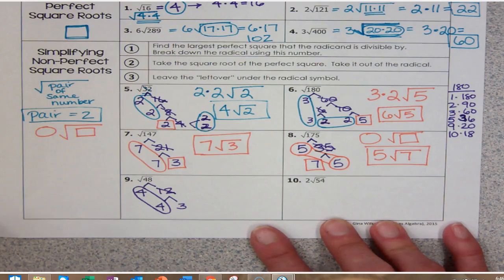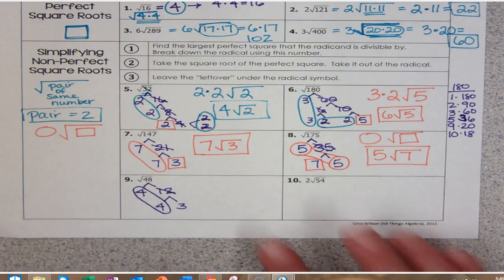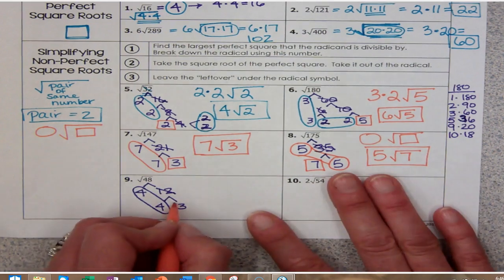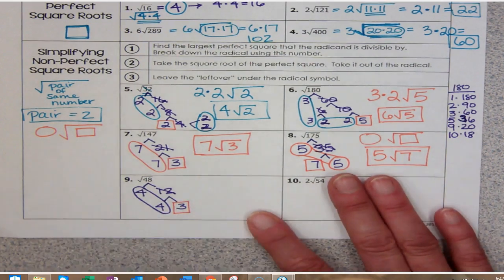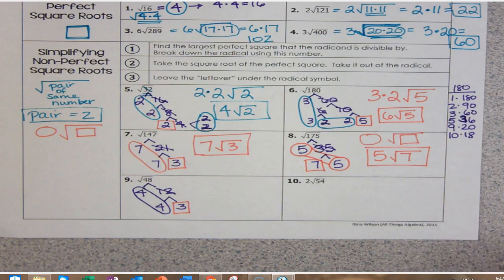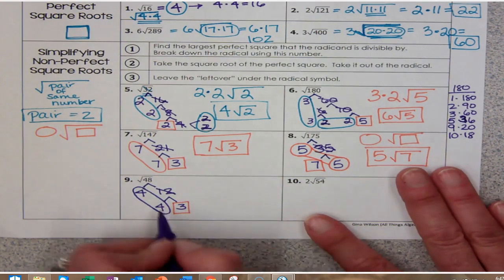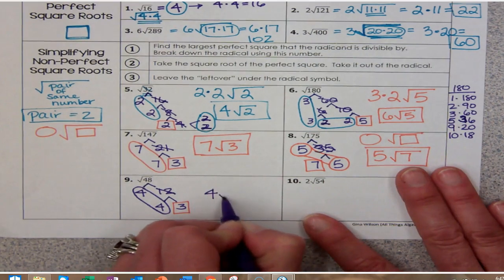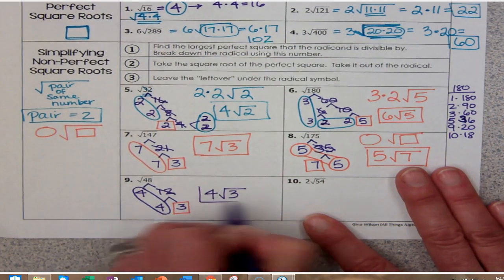I've got a pair. Now I may need to break down this a little bit further, but once I have a pair, I can go ahead and circle that. Circle that. I can't break down 3 any further. I'm going to box the 3, and I'm going to be left with 4 on the outside, 3 on the inside.